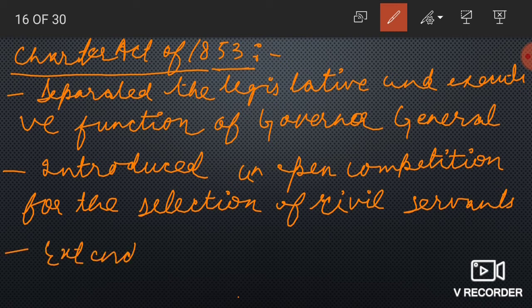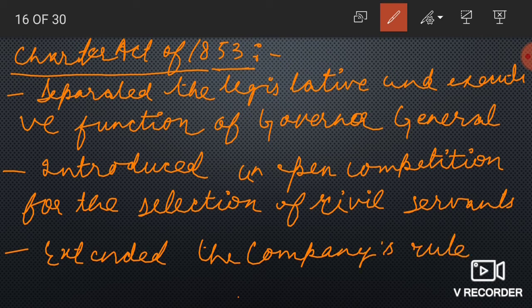It extended the company's rule. As in the previous act there was a specific time period mentioned, but in this only the company rule was extended, no time period was mentioned.